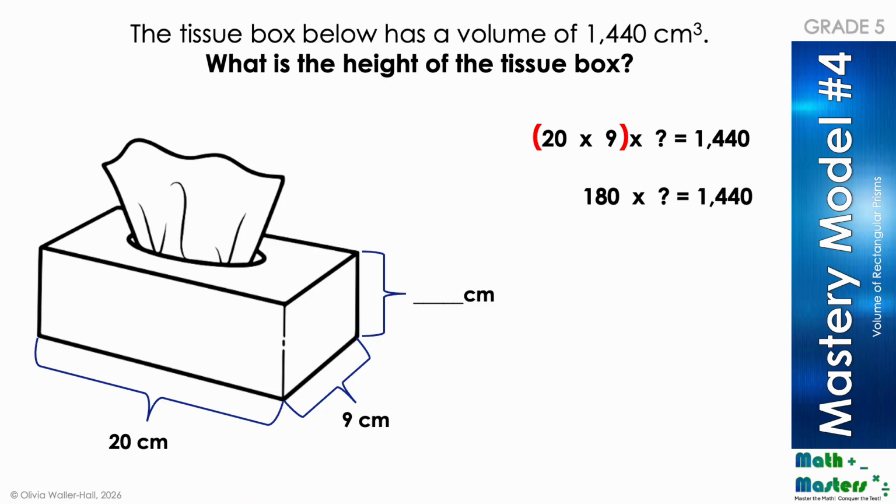So we now know that 180 times some number gives us 1,440. In order to find out what that number is, we need to divide 1,440 divided by 180. And that gives us 8. So the height of our tissue box is 8 centimeters.